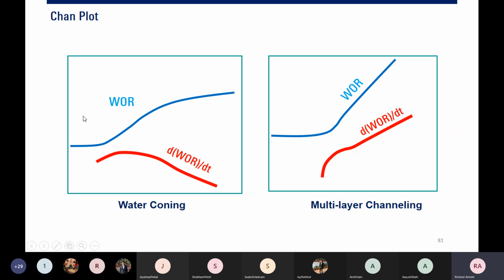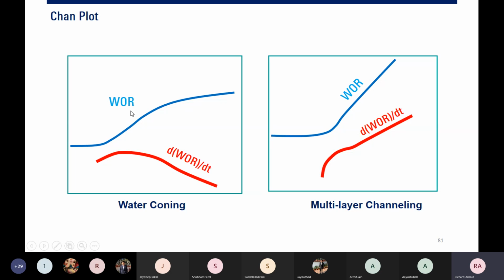Again, you can also construct a Chan plot. Okay, so this is the WOR and the derivative of your water oil ratio plotted against time. If you have this trend, it means that you suffer a water coning problem. All right.